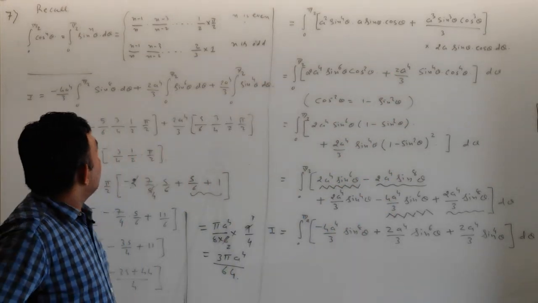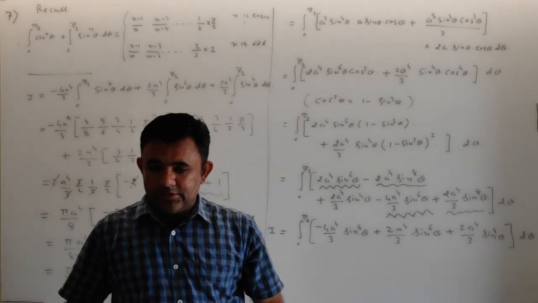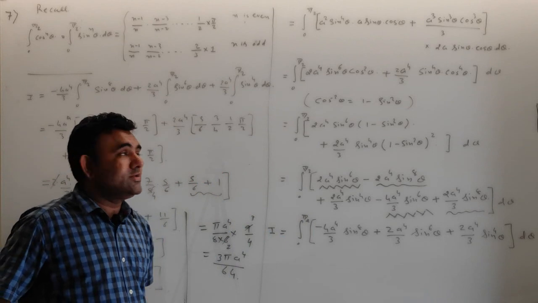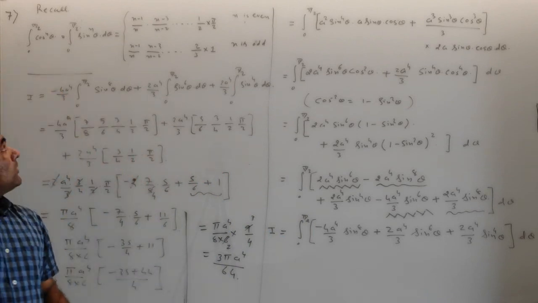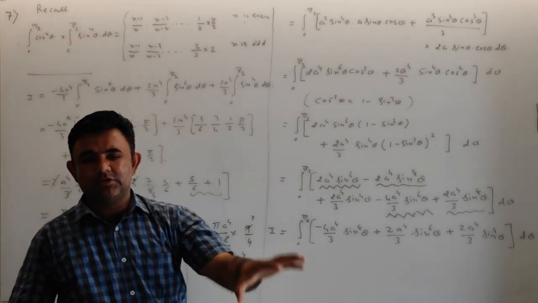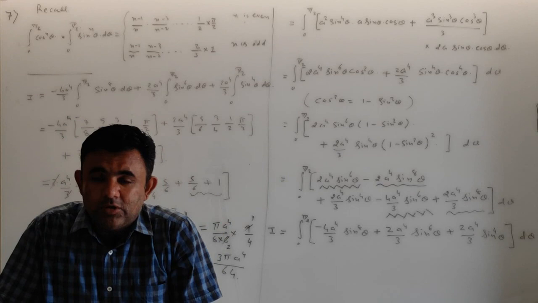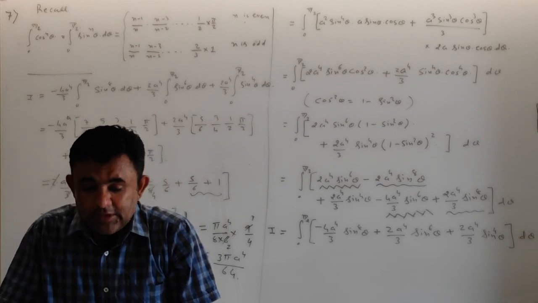So here we have considered some examples in which the limits are always already given. In some examples both the limits are constant, or in some examples one limit is variable and one limit is constant.